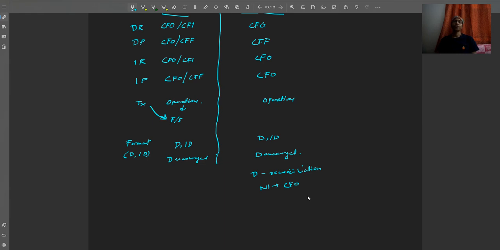So net income has to be adjusted, and that adjustment has to be shown step by step, and we have to arrive at cash flow from operations. This reconciliation is needed when under US GAAP direct method is used. Majorly indirect method only is used. So now we will understand what is a direct method and what is an indirect method.